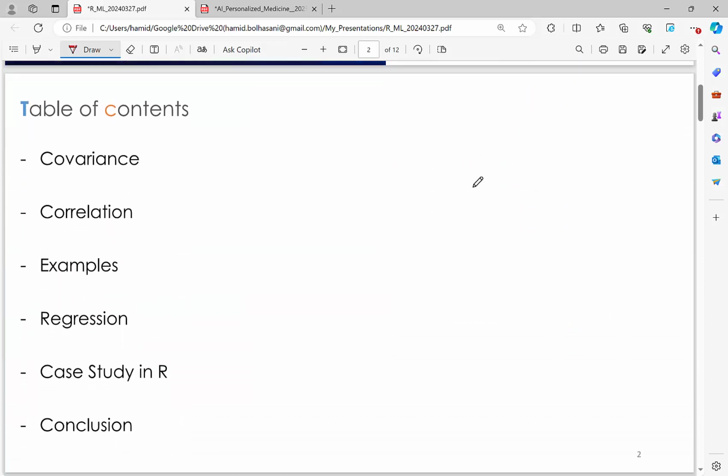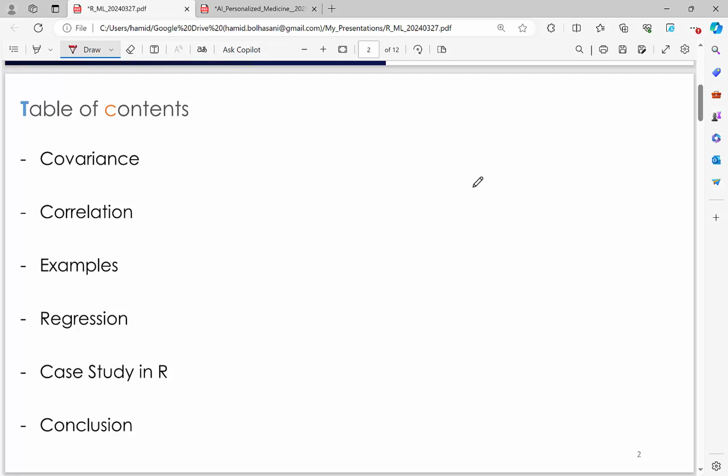Since the subject of this episode is regression, one of the most fundamental concepts in machine learning, we should review some basic concepts. As you know, machine learning is not something very different from math.